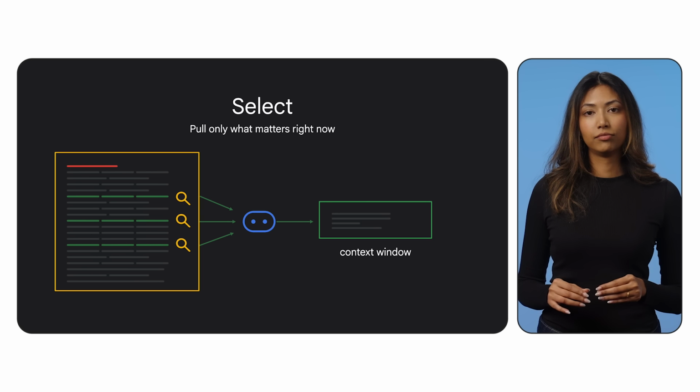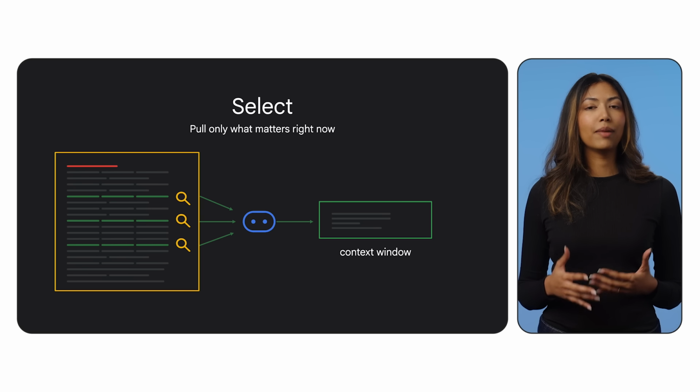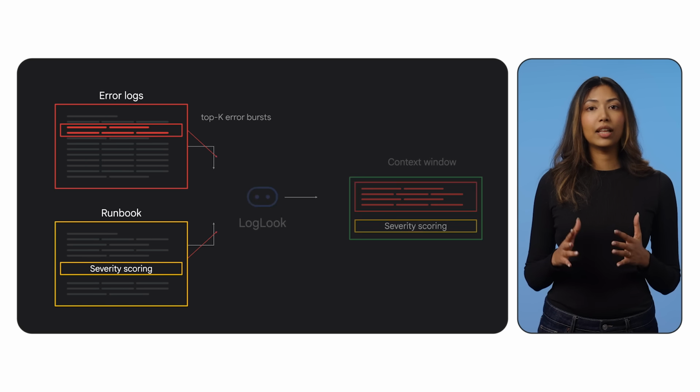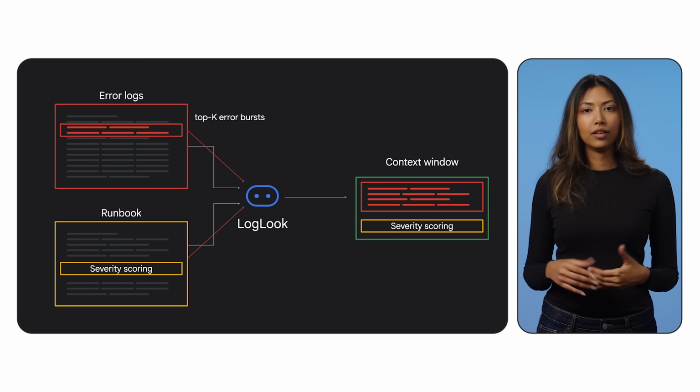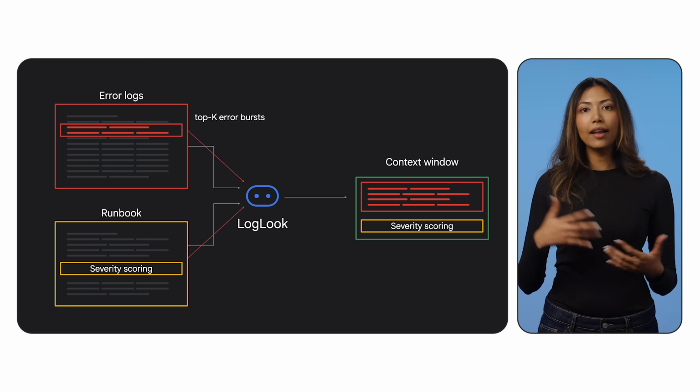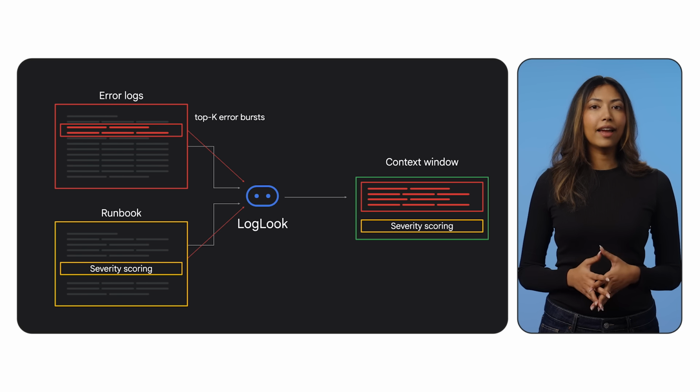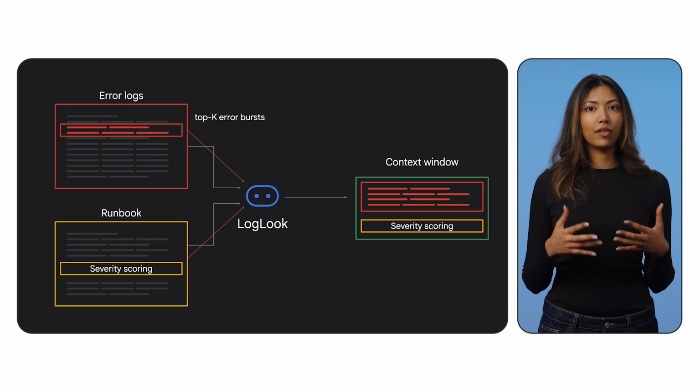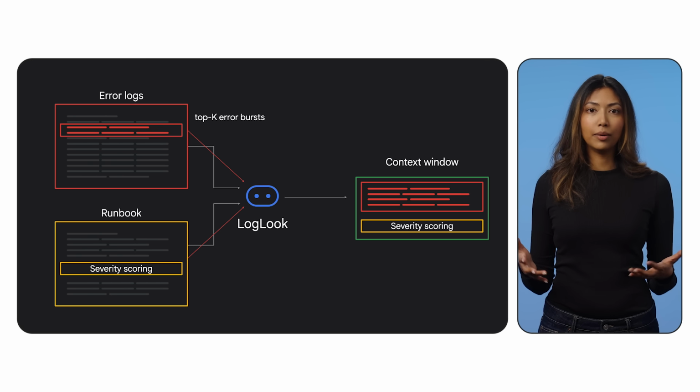Hybrid retrieval, which contains both keyword and semantics, often beats embedding only search on messy logs. The point is selection and not hoarding. So for our agent LogLook, we'll be selecting the top n number of error bursts and the specific section on severity scoring from our runbook.